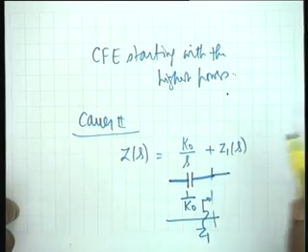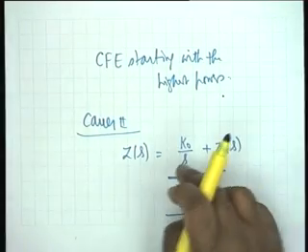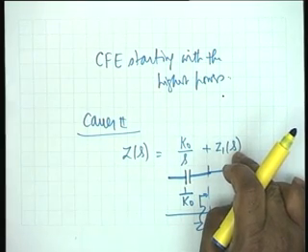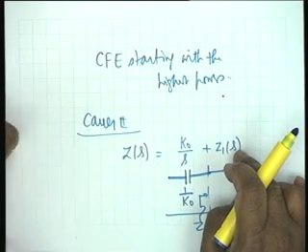Now, what can you say about Z1? Z1 cannot have a pole at the origin because this pole has been removed. So, Z1 must have a 0 at the origin, which means that the admittance has a pole at the origin.